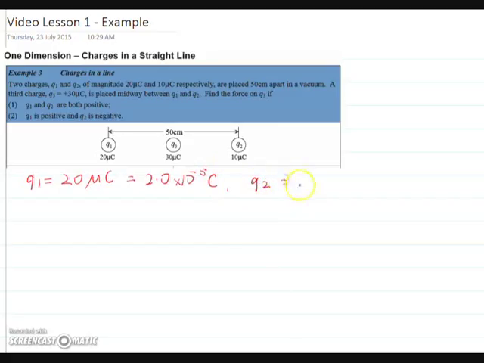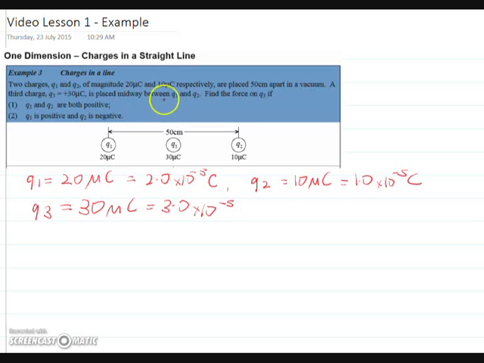Q2 is equal to 10 microcoulombs, which is equal to 1.0 times 10 to the neg 5 coulombs. And we have Q3, which is the guy in the middle. He's 30 microcoulombs, which is 3.0 times 10 to the neg 5. So when we're told in the question 20, 10 and 50, there's two significant figures, so that's why we've changed it to two significant figures in our scientific notation.